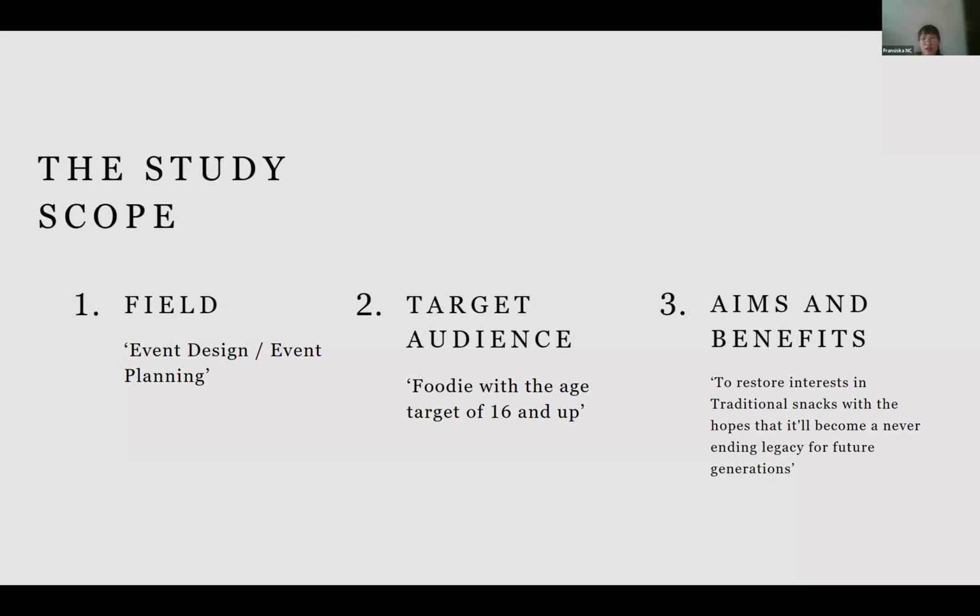And the second one is target audience. My target audience is people who like foods and would also like to travel, with an age target of 16 and up. The main highlight for later interviews will be traditional snack sellers in one of the traditional markets near my house, buyers, and students by the age of 16 and up, with potential candidates being people around the neighborhood also.